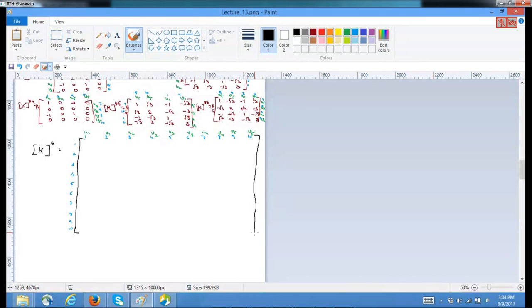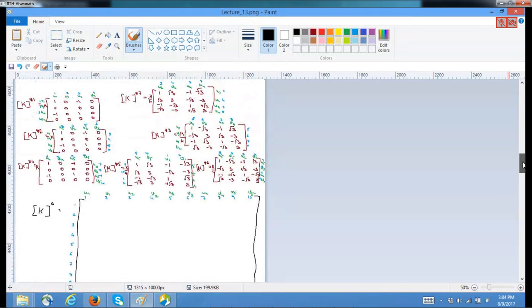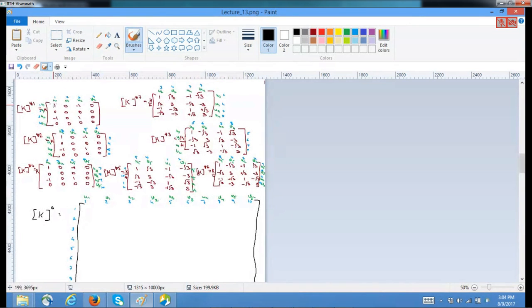So let us see how we can write it. What is the entry in the 1 and 1? For u1 and u1, the entry is small k. So let me take the entry of the small k coming from this place. Is there again a u1 and u1 in the second element? No. In the third element, there is nothing.